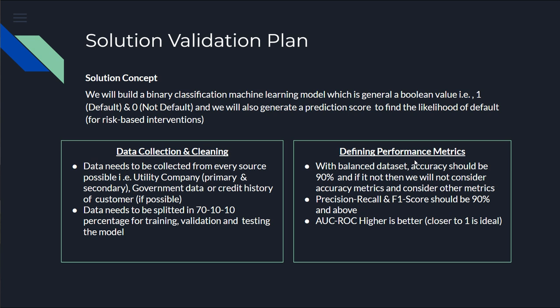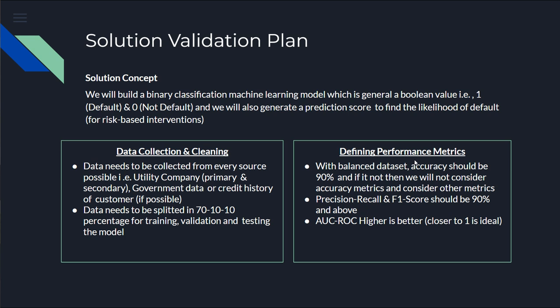As part of the process for data collection and cleaning, we will be collecting the data from every possible source. That is from the utility company who is holding the historical data of the customer, primary and secondary. Primary is the company who wants to predict the probability of defaults.